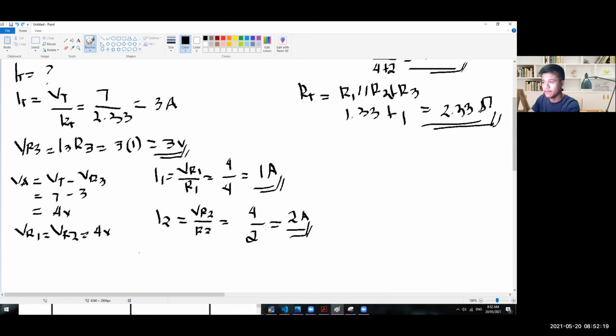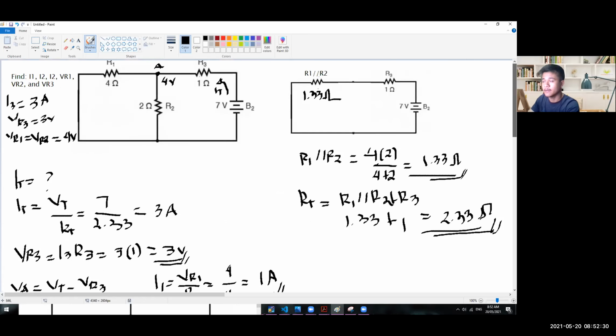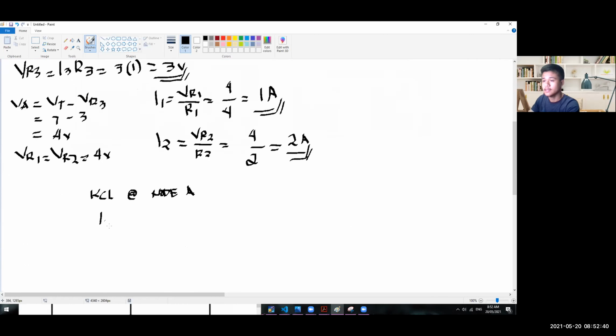Okay, so let's verify this one using KCL. KCL at node A. As you guys can see, we have I3 entering node A, and then I2 and I1 leaving node A. So I3 minus I1 minus I2 is equal to 0, or I3 is equal to I1 plus I2.